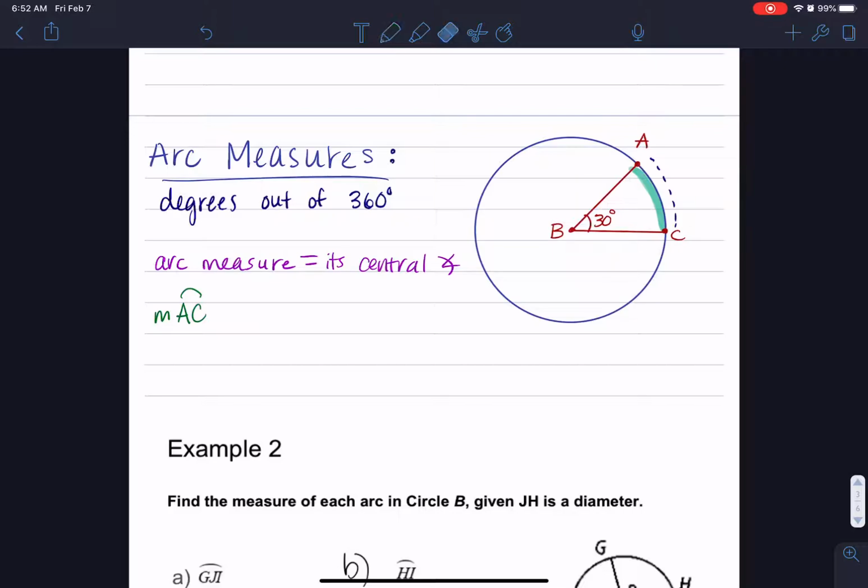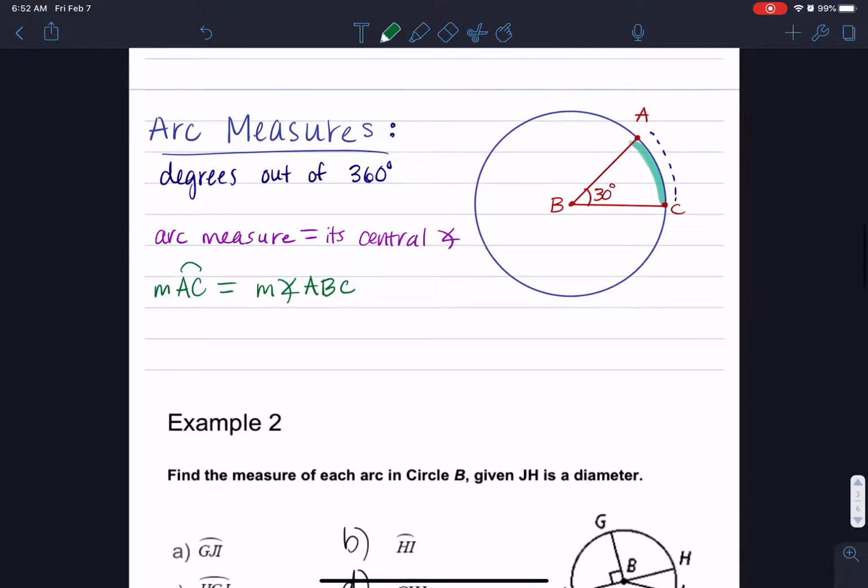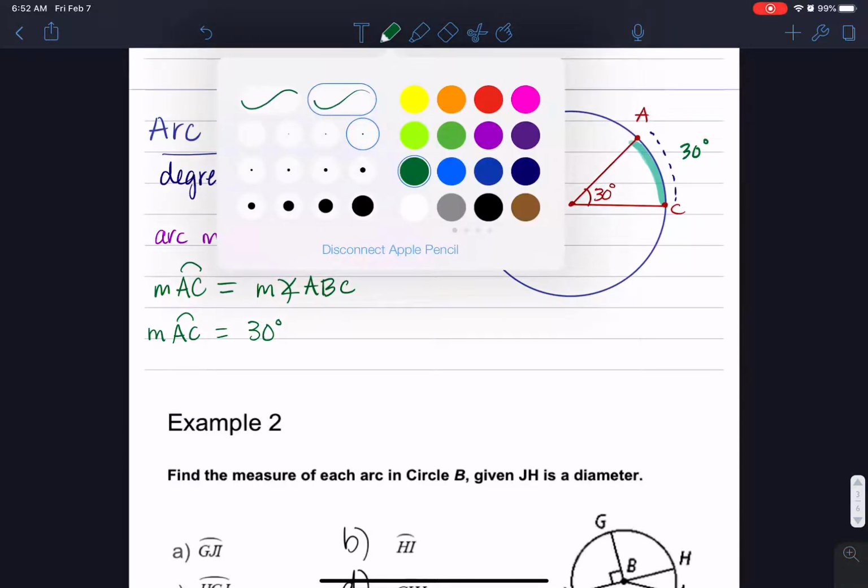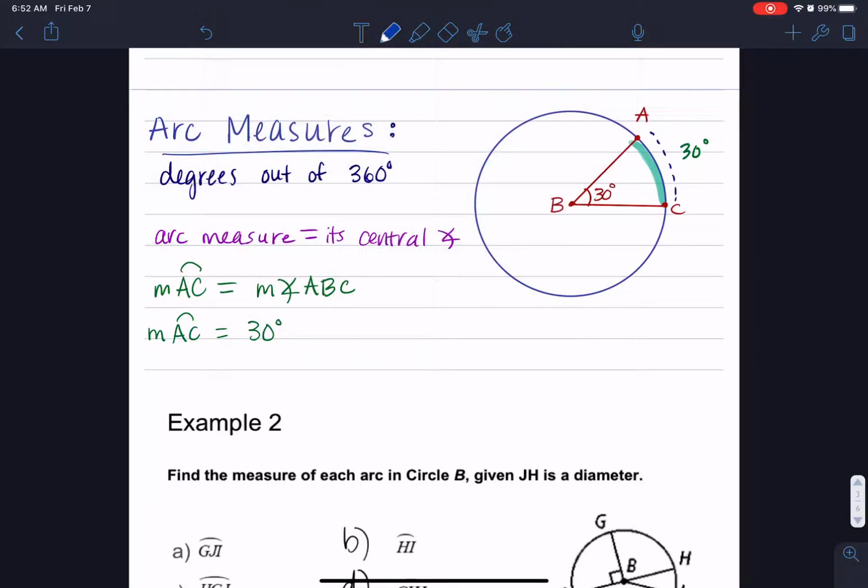That's for measure. The measure of AC is equal to the measure of the angle ABC, right? And since in the diagram I told you ABC is 30 degrees, that means the measure of AC is equal to 30 degrees, right? Ta-da, you're a genius.